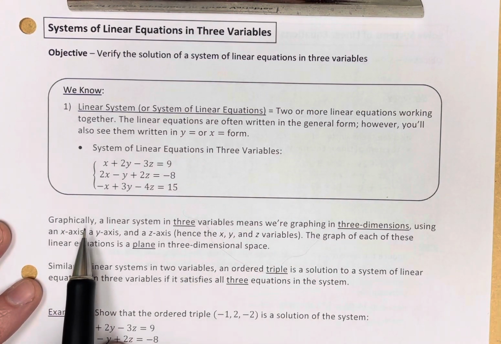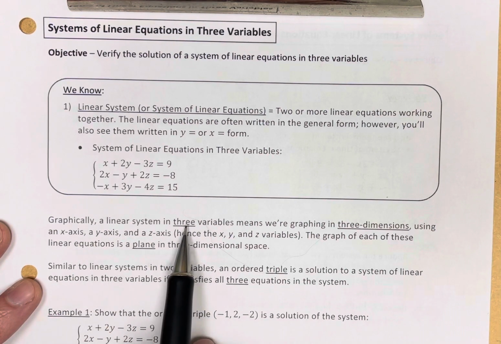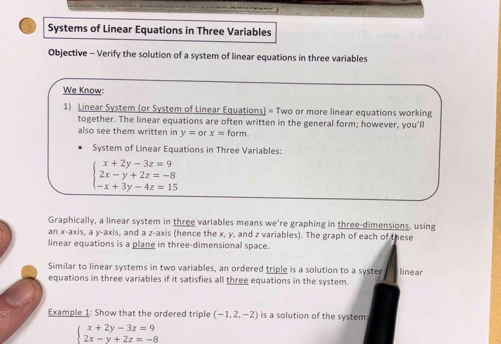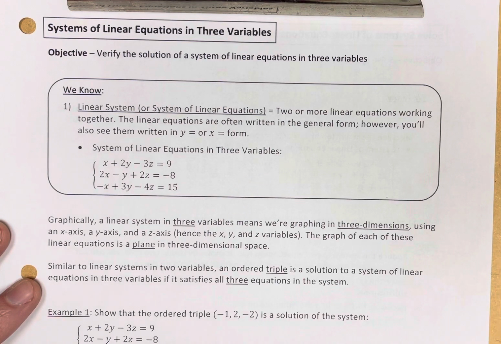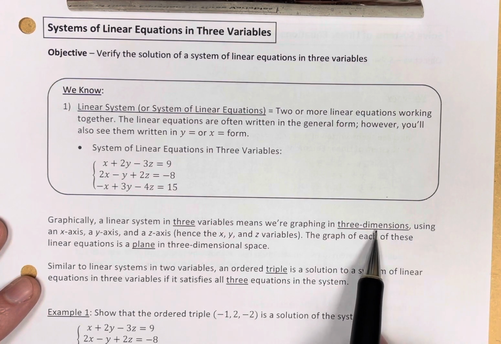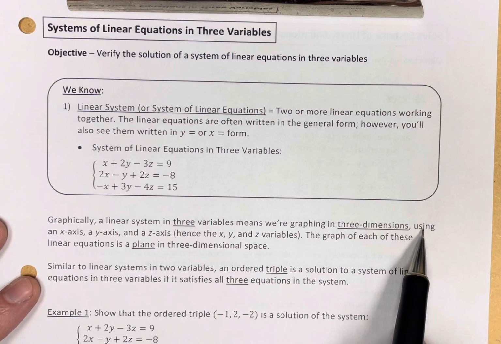So graphically, it's kind of tough to do, because when we're dealing with a linear system in three variables, we're now talking about graphing in three dimensions, which is not going to really take place with our graphing calculators or graphing devices. We're going to need some computers and some computer software to look at something like that, but we're not going to do that.